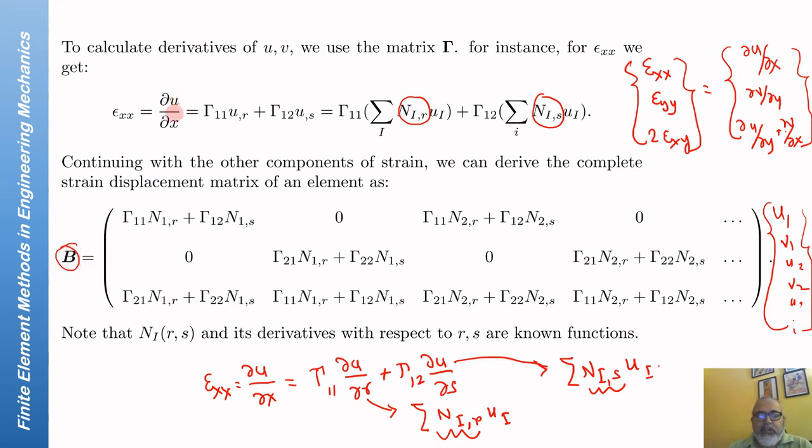Please verify this. Calculate each of these terms in terms of the derivatives of the shape functions with respect to r and s, and verify that this is your B matrix.